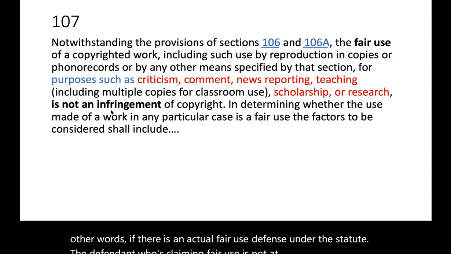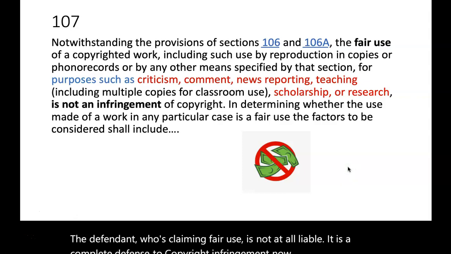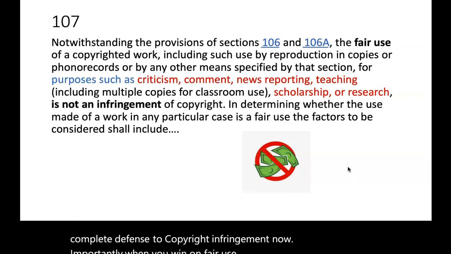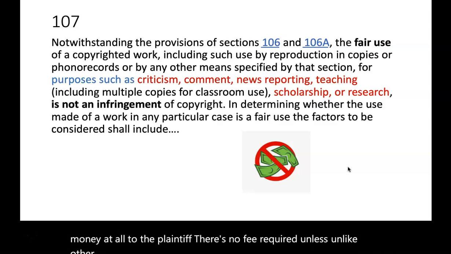It is a complete defense to copyright infringement. Now, importantly, when you win on fair use grounds, you don't owe any money at all to the plaintiff. There's no fee required unlike other exceptions to copyright provisions about compulsory licenses. You don't owe anything at all to the plaintiff.